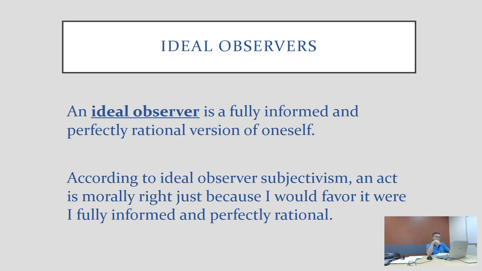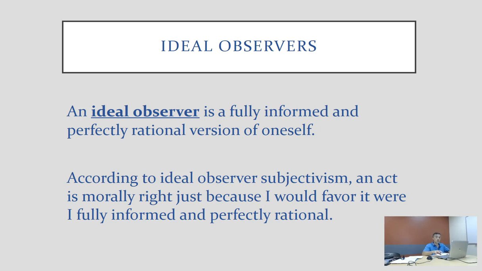The ideal observer is a fully informed and perfectly rational version of themselves. So what this move does is it allows us to say that, oh yeah, moral views are complicated, and people are a mess of contradiction. Morally speaking, lots of people are flawed, warts and all. So those are the real disagreements and the real moral problems and questions, right?